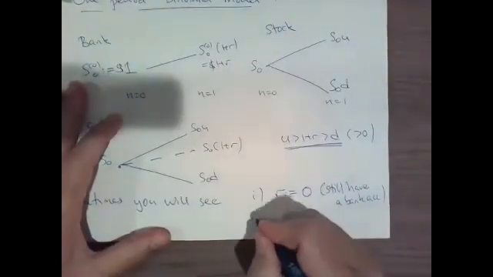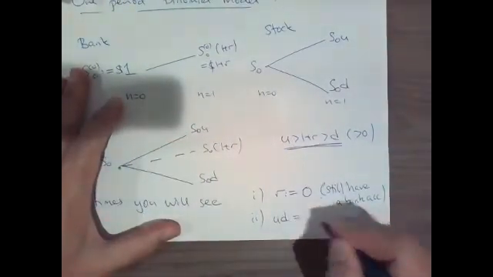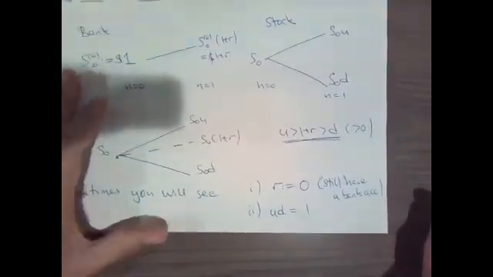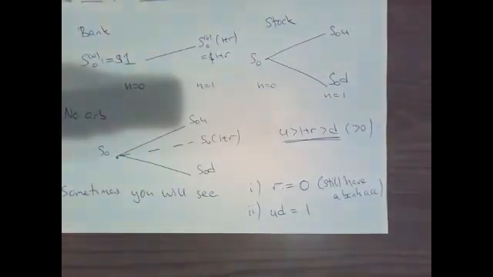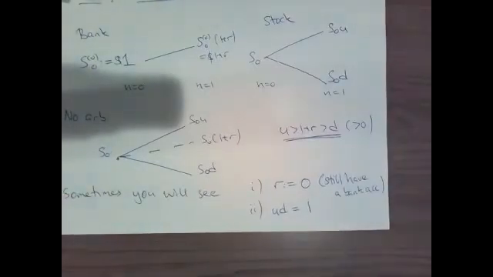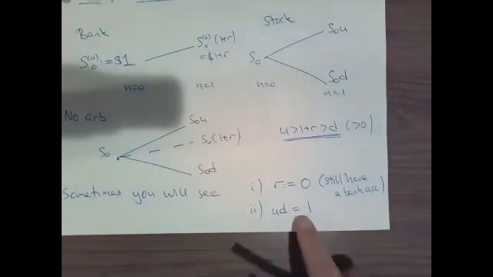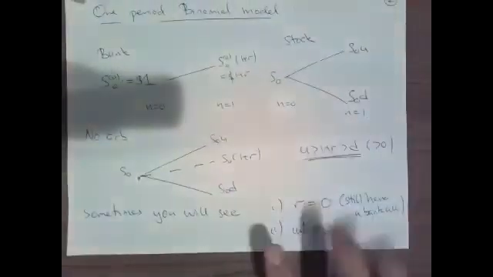And another property you often will see is that U times D is equal to 1. This is at least what the textbook favors. So very often you'll see U is equal to 2, and then D will be equal to, well, 1 over 2, half. But this has nothing to do with no arbitrage.